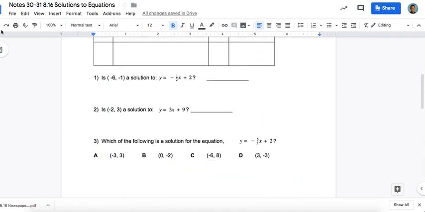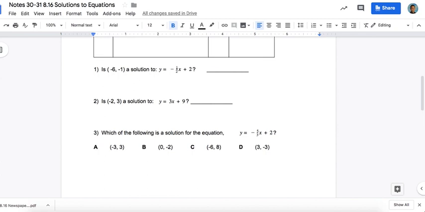Okay, so hopefully you noticed with the examples above that we were plugging in and replacing the x and adding or subtracting a y-intercept, and that would give us our y value. Okay, so what I'm going to do here is just take out the x and do this multiplication and add 2 and see if it gives me -1. If it does, then it's going to be a solution.